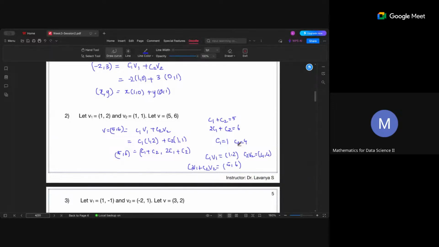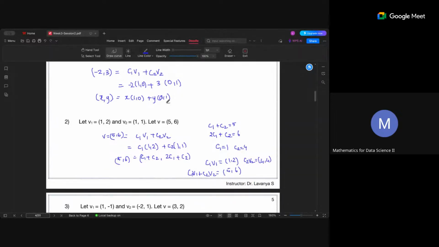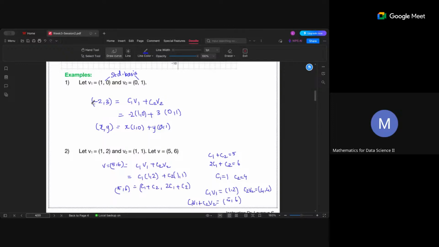Okay, so what is the beauty of this vector here? We were writing this vector as a linear combination of V1 and V2. The C1 and C2 you told without any calculation. You were able to tell the answer straight away, right? So this is the beauty of this vector, and that is why, for the simplicity of calculation, we use this in many scenarios.